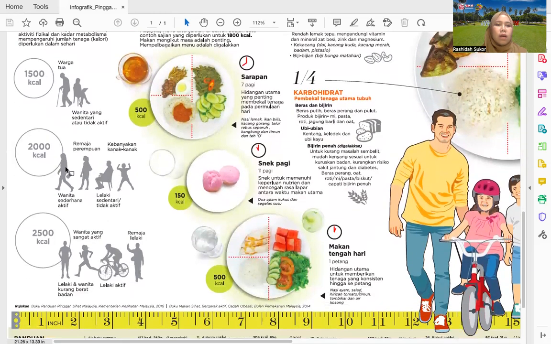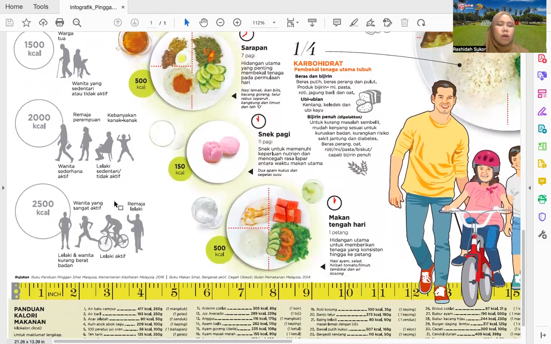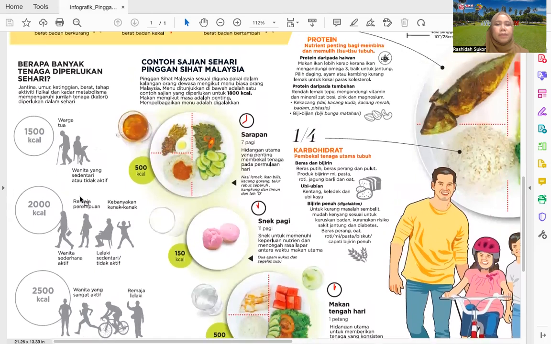If you are an active woman, a teenager, or a man, sedentary, not active, most children, it's about 2000 kilocal. But if you are very active, you cycle every day, like 20 km, you may need higher kilocal.